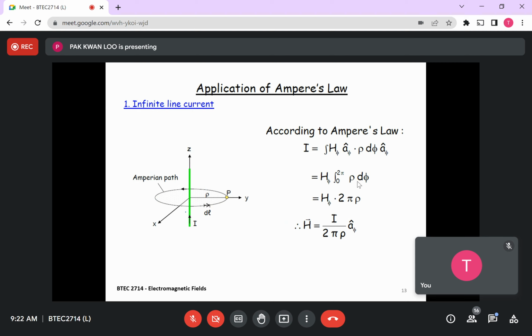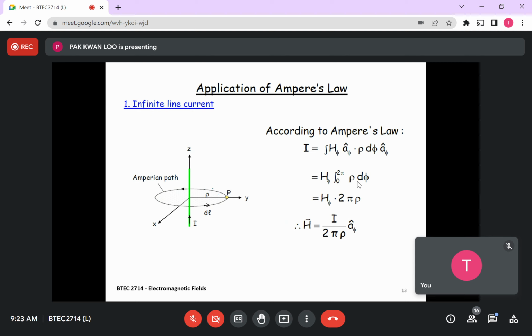Now the radius of this Amperean path, which is a circle enclosing the current, we assume is arbitrary, right? So it's arbitrary.